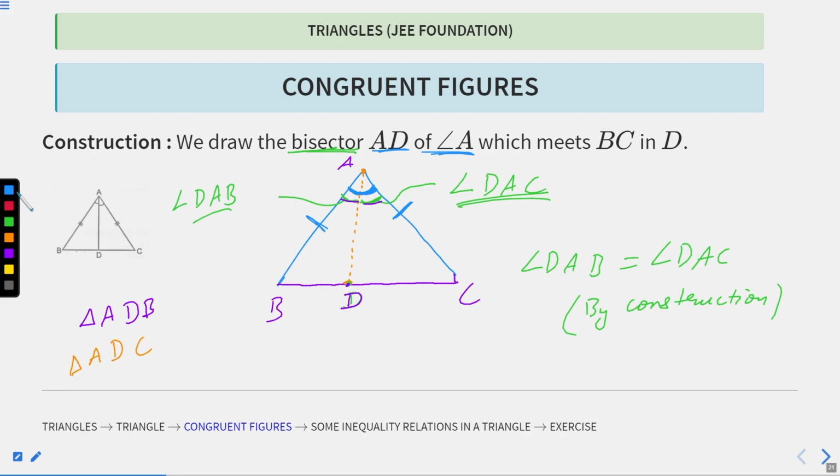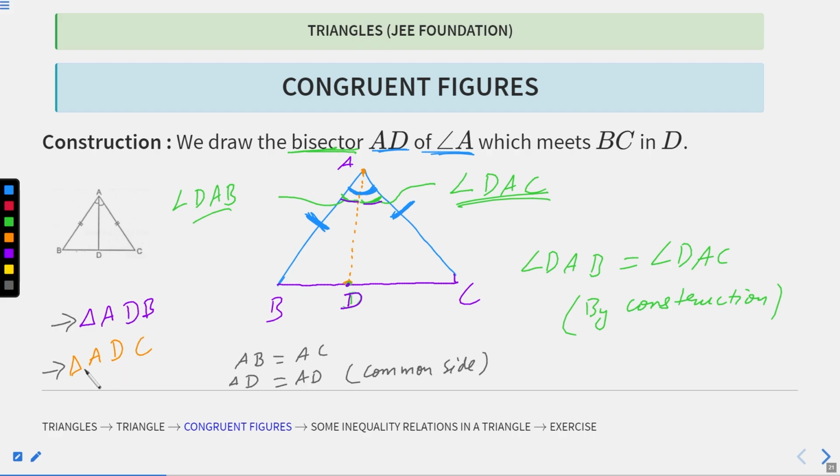We know that this length is equal to this length in the other triangle, which means that AB is equal to AC. We also know that AD is equal to AD, because AD is a common side in both triangles, ADB and ADC.